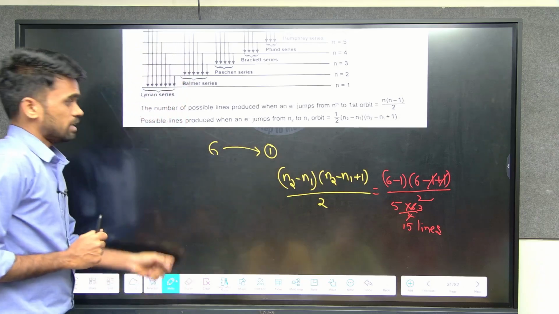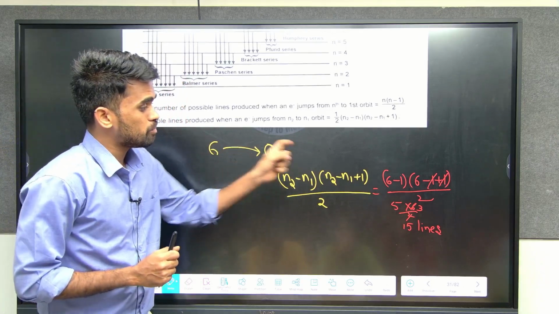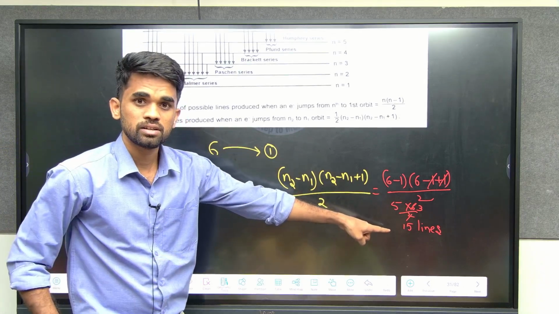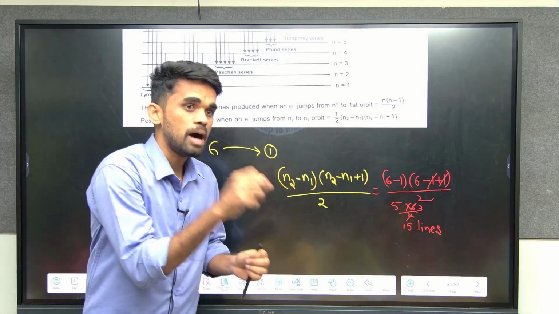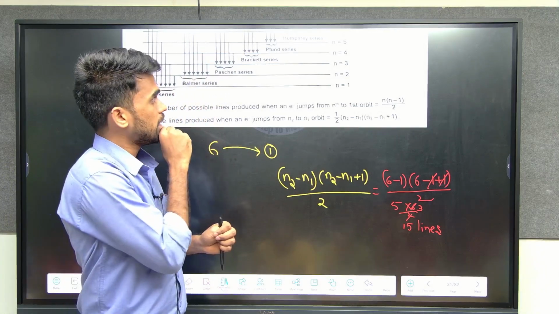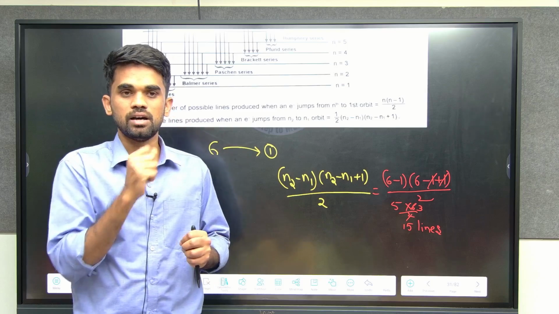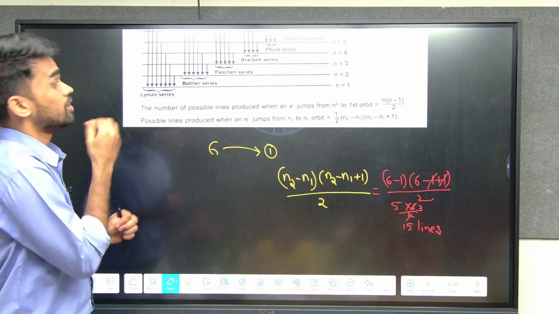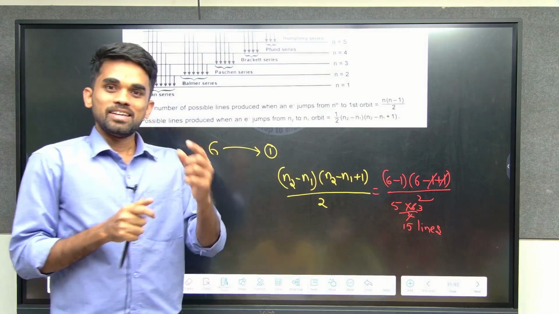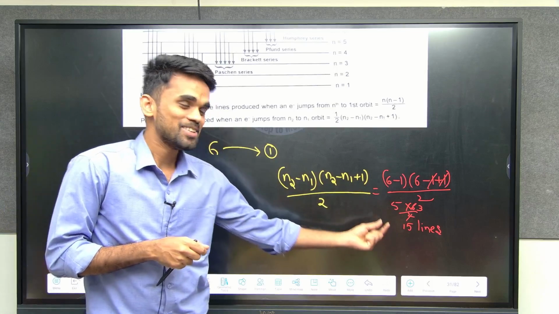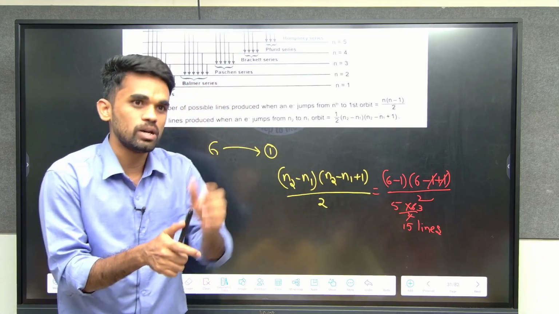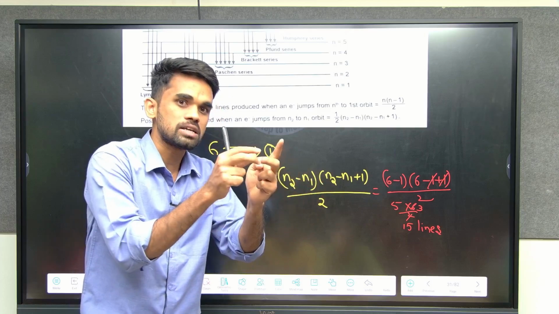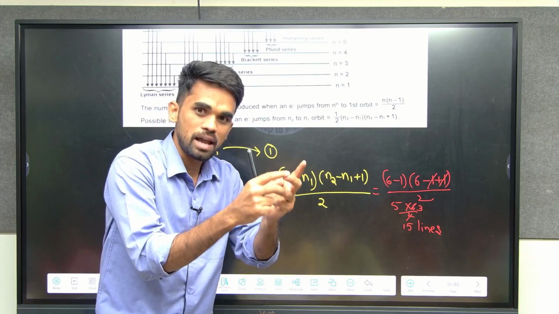Next, 6 to 1, how many possible spectral lines have we seen? 15 lines. Out of these 15 lines, how many appear in Lyman series? Okay, fine, 15 lines are coming. So out of these 15 lines, how many lines belong to Lyman series, how many belong to Balmer, how many belong to Paschen?